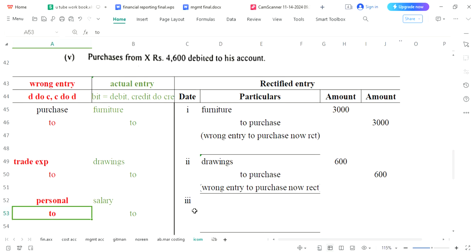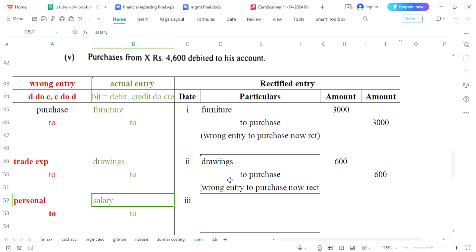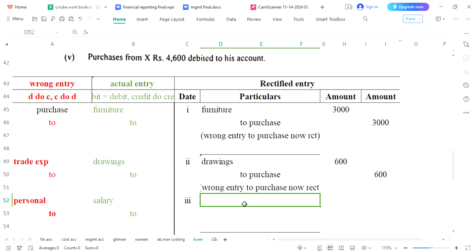Now as you know, whatever is written in the original entry, the actual entry, you will write in the same manner. So salary would be written as it is over here, and the wrong entry would be written on the opposite side. Personal account, opposite side is credit.